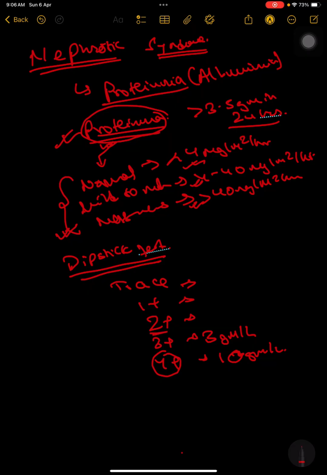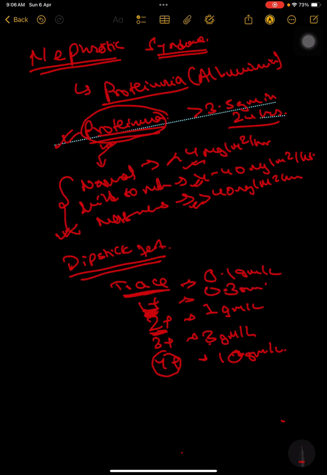If you look at 2 plus and 1 plus, just understand it this way: 2 plus will be less than 3, so it will be 1 gram per liter. Trace means 0.1 gram per liter, and 1 plus means 0.3 gram per liter.